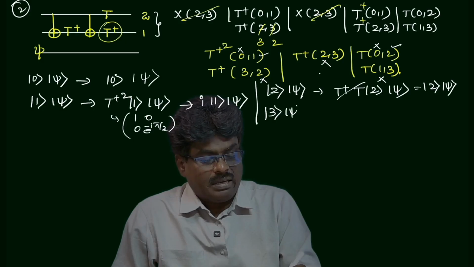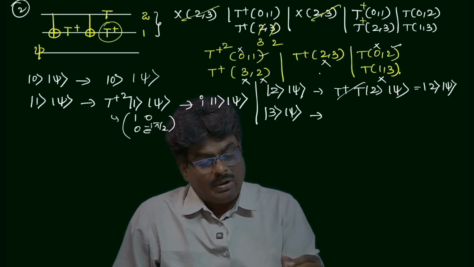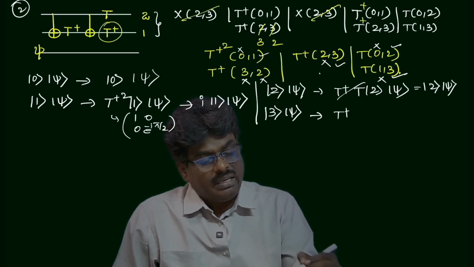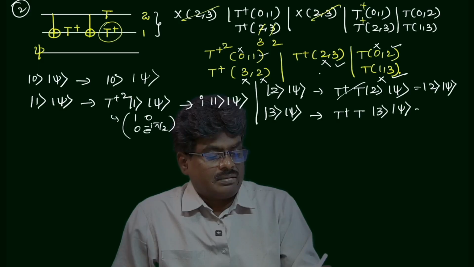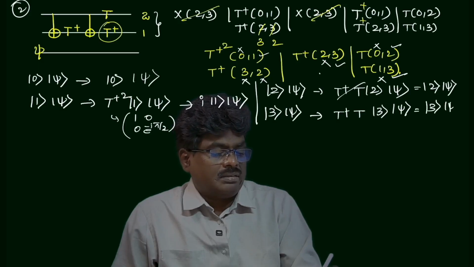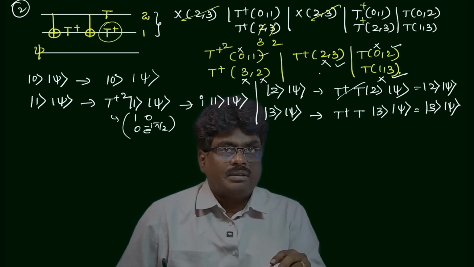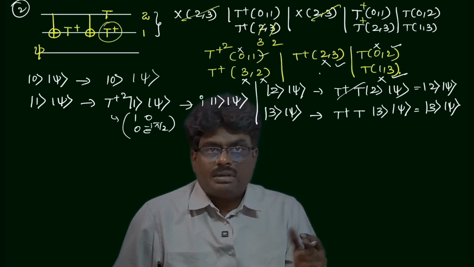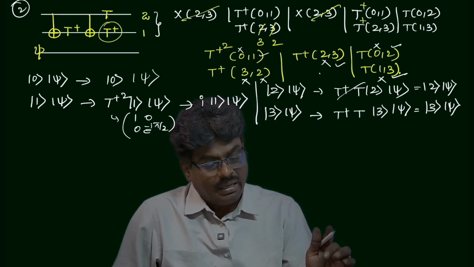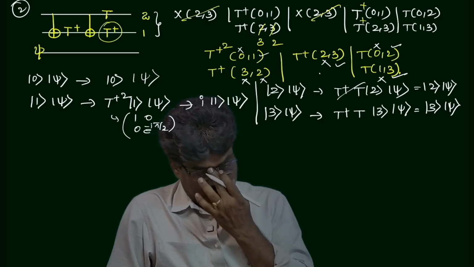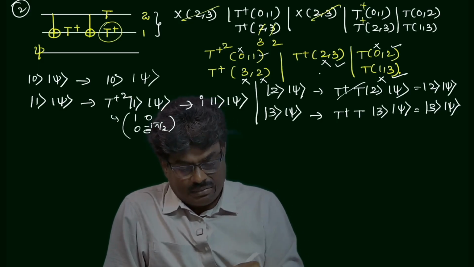Next 3 psi, 3 off, 3 on, that's why T dagger, and T, I mean 3 on, but it is a T, so 3 psi, which is nothing but 3 psi. I hope you understand. So if it is off, leave it. If it is on, take that operation and multiply. Okay. So that's it. And finally, we got this from 2.